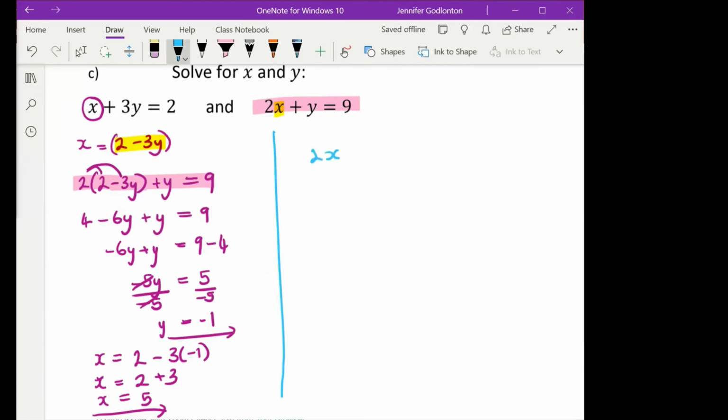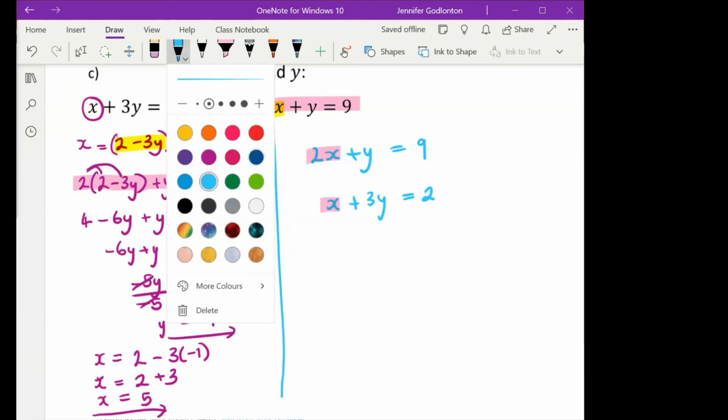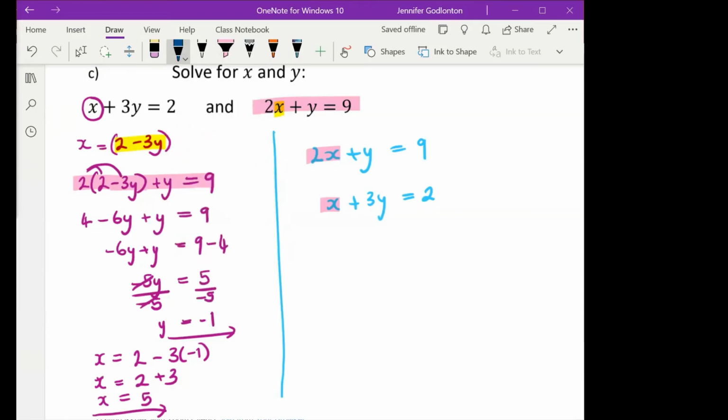I've got 2x plus y is equal to 9, and then x plus 3y is equal to 2. I want these to be the same as each other, so I'm going to times the bottom equation by 2. So I'm going to have 2x plus 6y equals 4. I'm going to minus my bottom equation from my top equation.